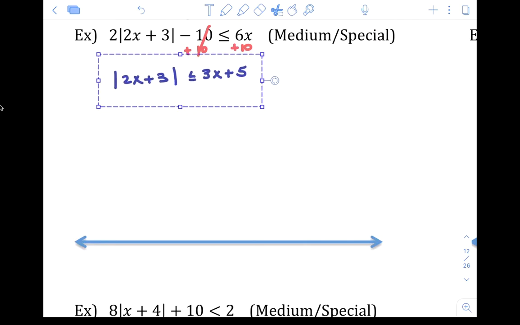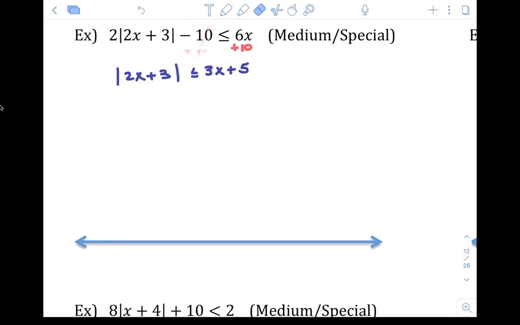So now that we have our problem completely ready, I can categorize it: the absolute value is less than or equal to, so less than, less the and. So I know I'm going to be looking for the overlap of the shading when I have my two answers.